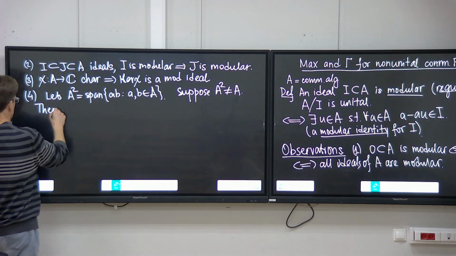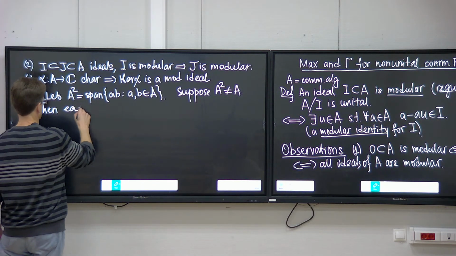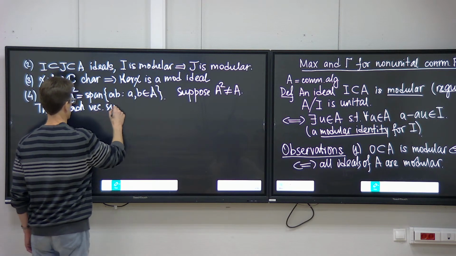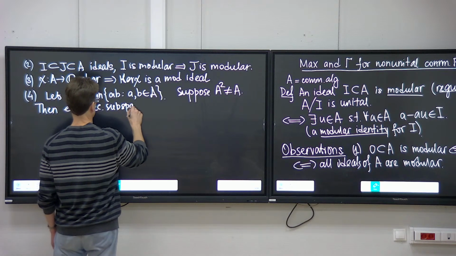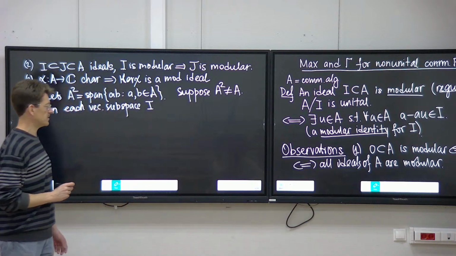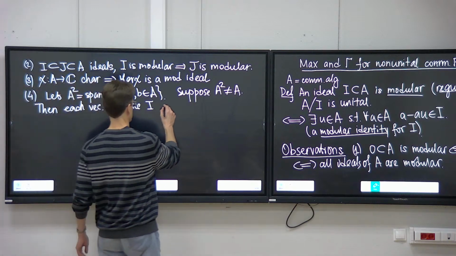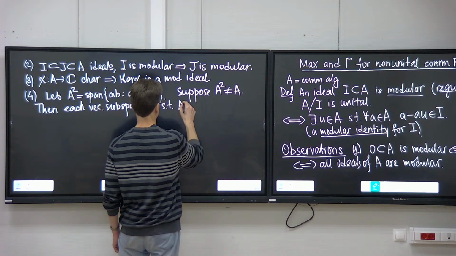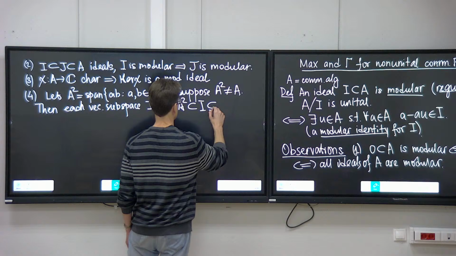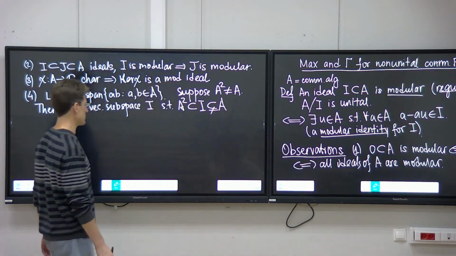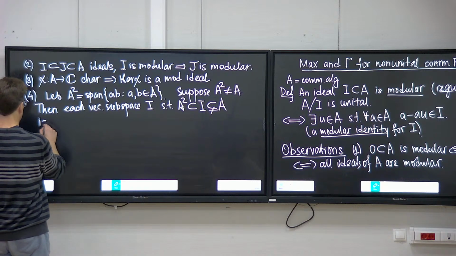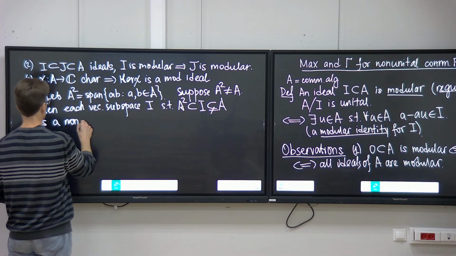Then each vector subspace I which sits in between A squared and A, such that A squared sits in I, and I sits in A, but I is strictly smaller than A, is a non-modular ideal.